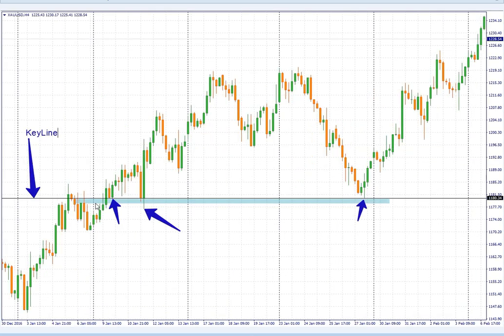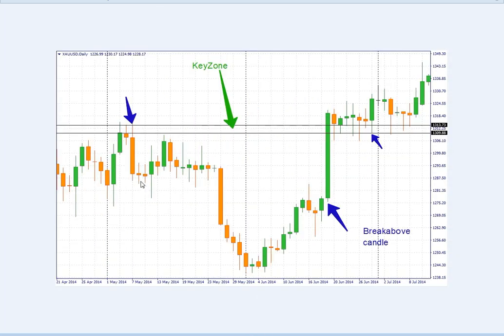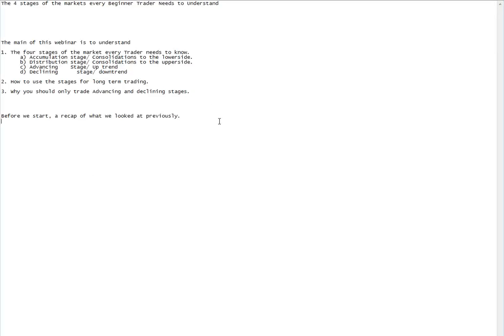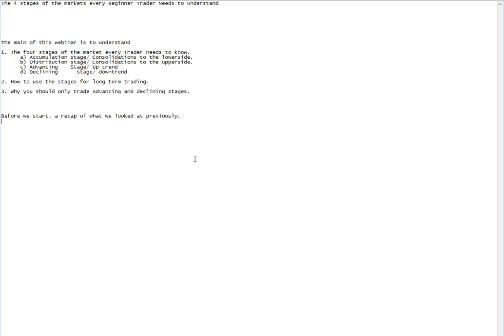This was another example which we looked at. Then we saw that there was a resistance broken, price came back to the same place, and then it engulfed again upwards. So if you can remember previous, there were three things we said which were most important. The first one was that an engulfing candle must be in line with the overall trend.